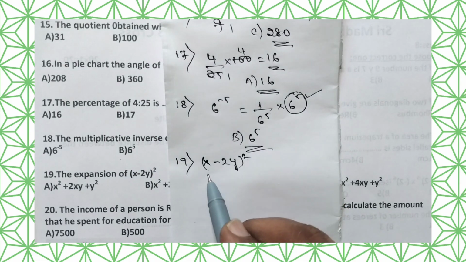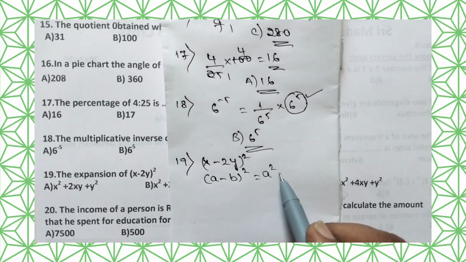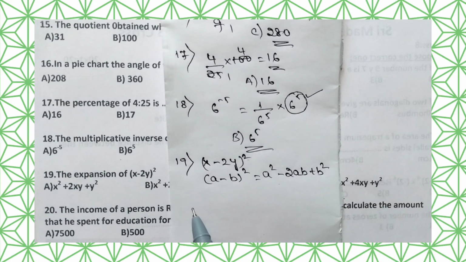It is in the form of (a minus b) whole square, which is equal to a square minus 2ab plus b square. In place of a, x is there. In place of b, 2y is there.